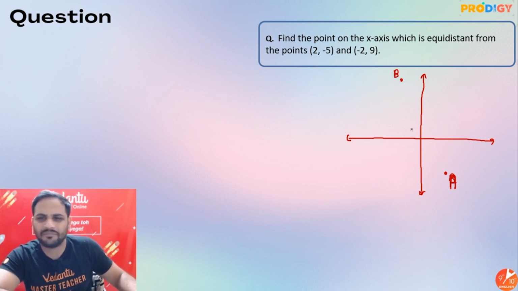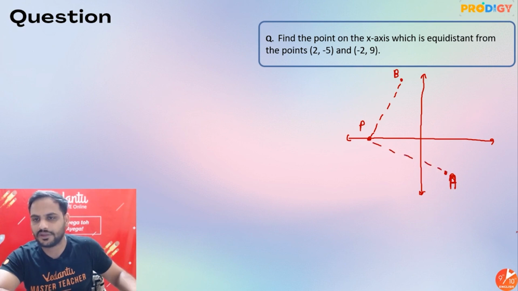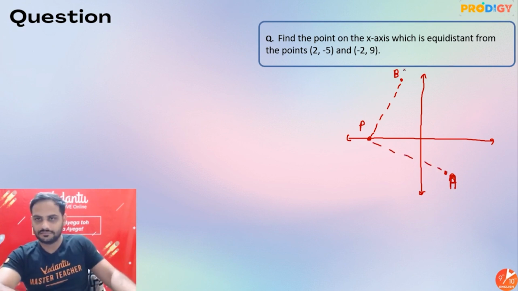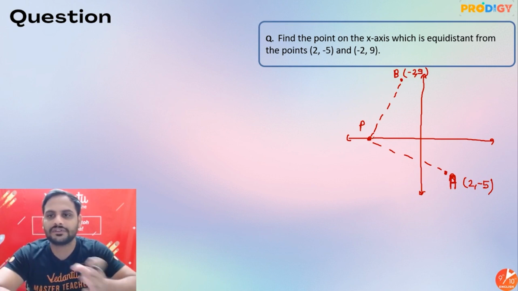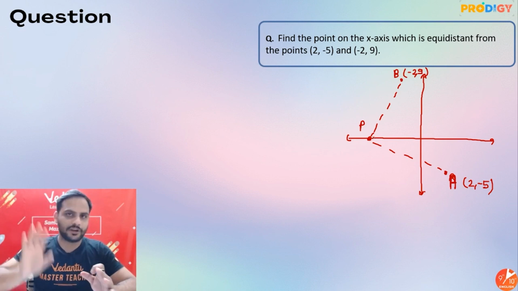I don't know where it is, let's say point P, such that the distance of point P from B as well as the distance of point P from A is equal. B is minus 2 comma 9 and A is 2 comma minus 5. So we need to find the point P which is on the x-axis and its distance from point A as well as from point B is the same.